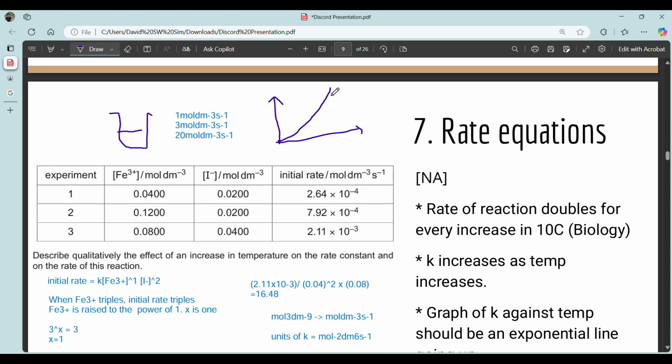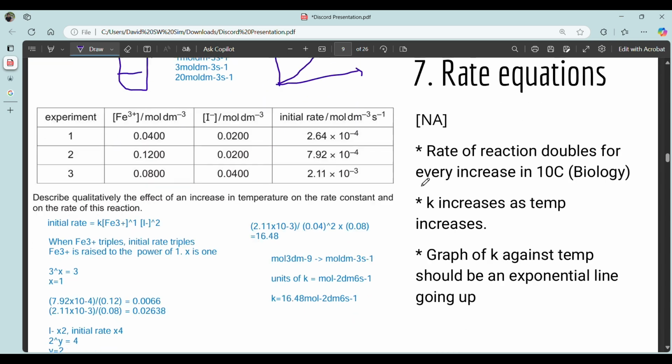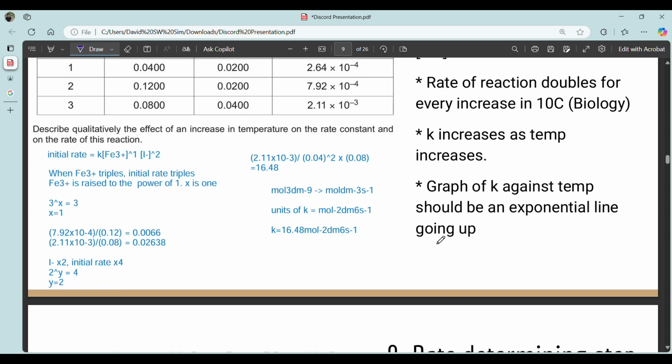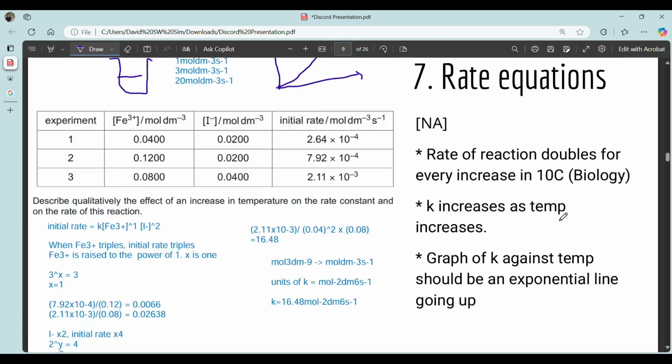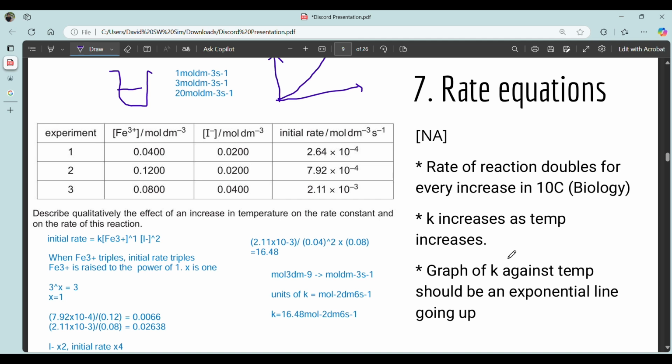Right. Any questions with this step? With this rate equation subtopic?